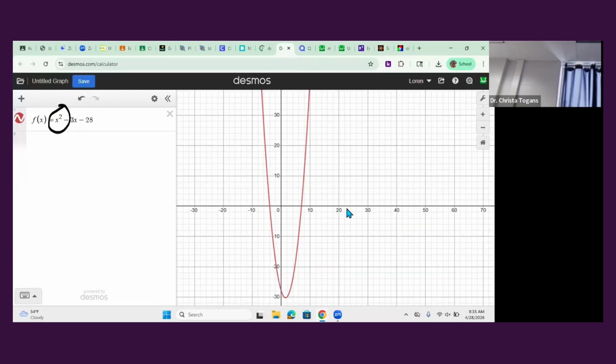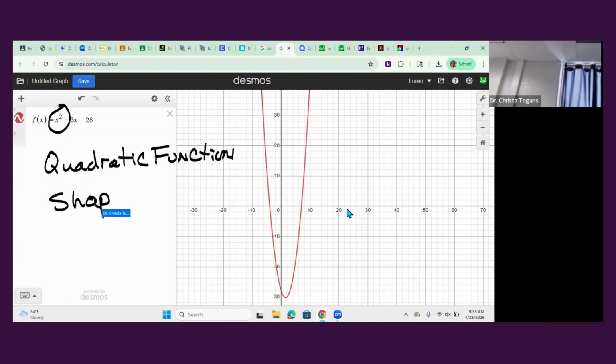And then, of course, what I try to get them to see is that the quadratic function has zeros. I re-explain that the x-intercept is what these zeros really mean.